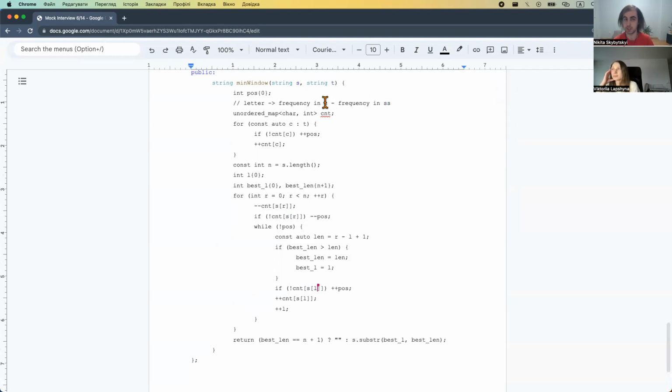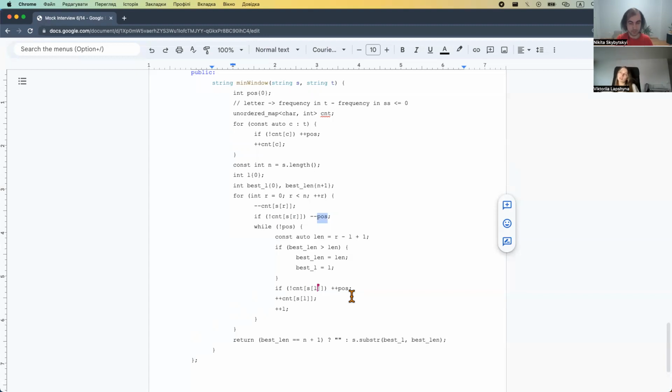And if it's not in T, then this is 0. So this entire value is never positive. So it should not influence our modifications of pos. Like, we do process it, but yeah.